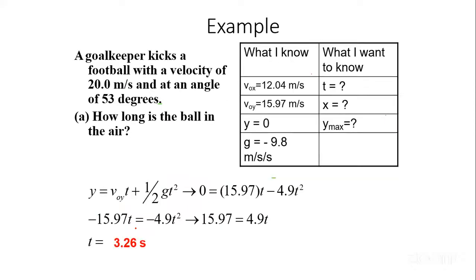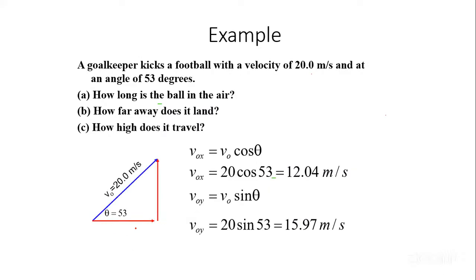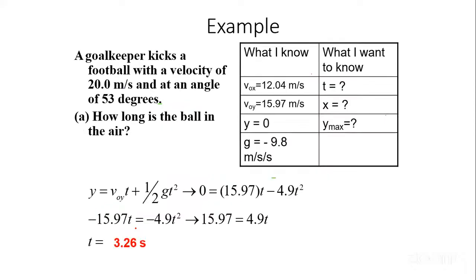So here, how long is the ball in the air is the time we are asked to find. How far away does it land is the horizontal distance we are asked to find. How high does it travel is the vertical distance we are asked to find. So we have the table there: what I know, what I want to know.